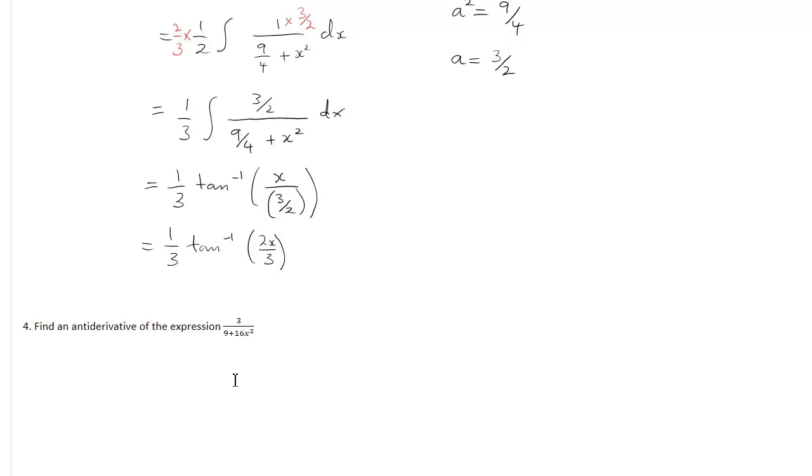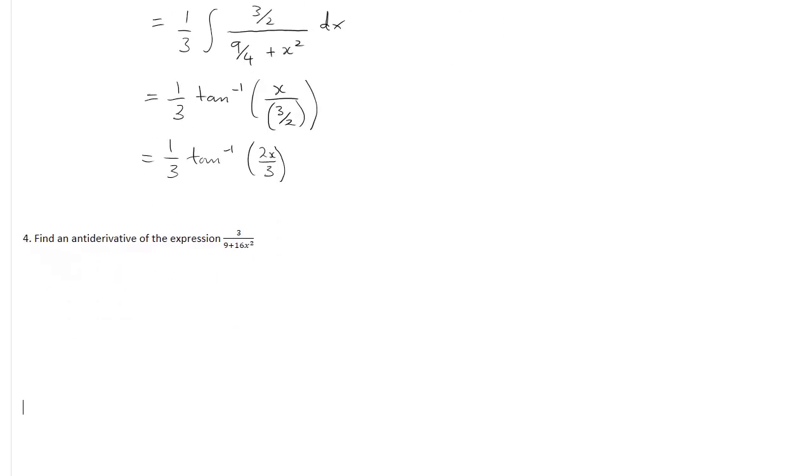Now let's have a look at example number 4. So it says, once again, it looks like a tan form. Find an antiderivative of this. Okay, so once again, we want to remove 16 from outside of x, and we want to also remove this 3, because it might block us from being able to figure out what number is appropriate at the top there.